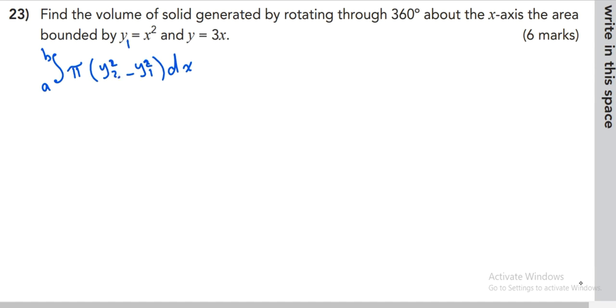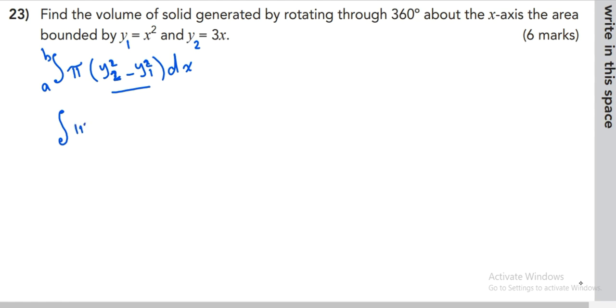Here it's y1 and y2. If we have one function, there will be only one function here. If we have two functions like this question, you have to write y2 power 2 minus y1 power 2. We have to put each value in its place and integrate, calculate to find the value as the previous question, which is definite integral.